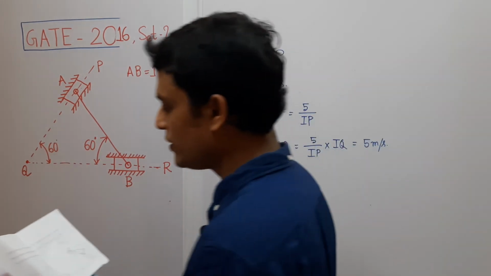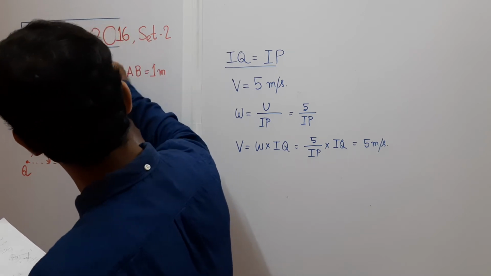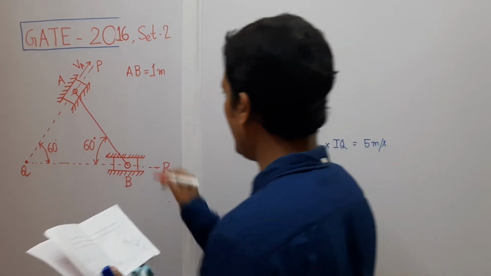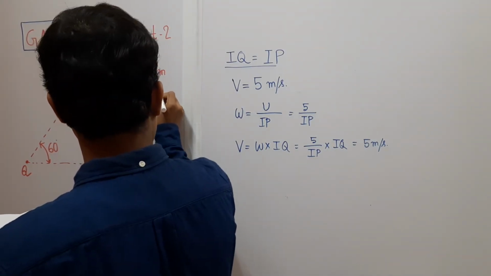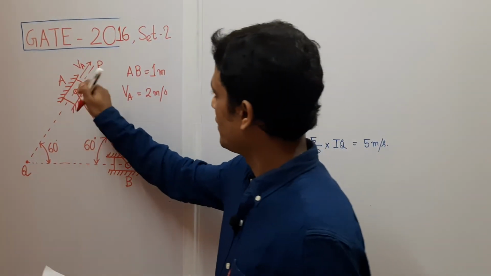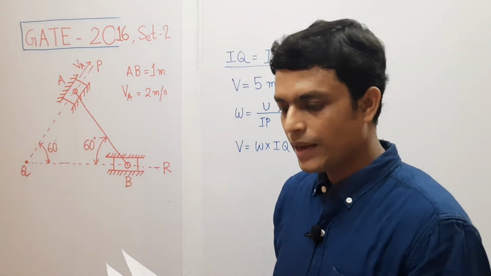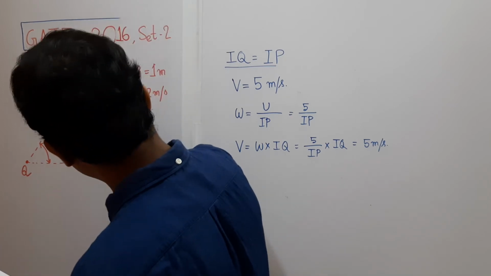If velocity VA is 2 meter per second, so velocity of slider A is 2 meter per second. The velocity of the midpoint of the rod at this instant is to be determined.